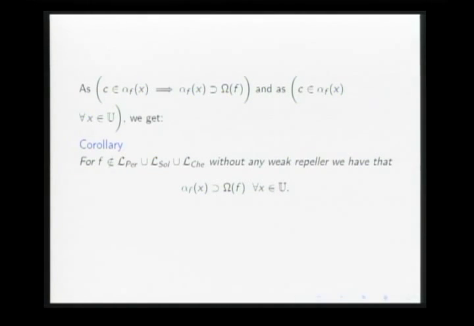Okay, so we are going to look for the other inclusion now. This is the case where we are not in the case of periodic, nor solenoid, nor Cherry maps. It's the remaining case. So we have that to any given X in this trapping region, the alpha of X will contain the non-wandering set.